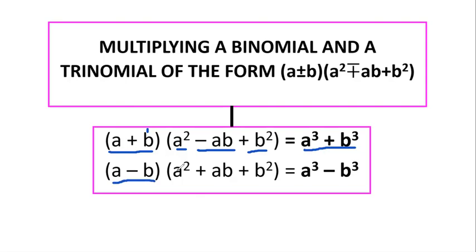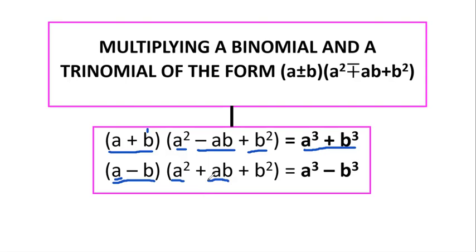And again, the trinomial na i-multiply sa kanya is yung first term ay square ng first term ng given binomial, which is a. And yung product ni first term and second term ng binomial is the inverse, which is here, naging plus AB, kasi A times negative B is negative AB, and yung inverse niya is positive AB.